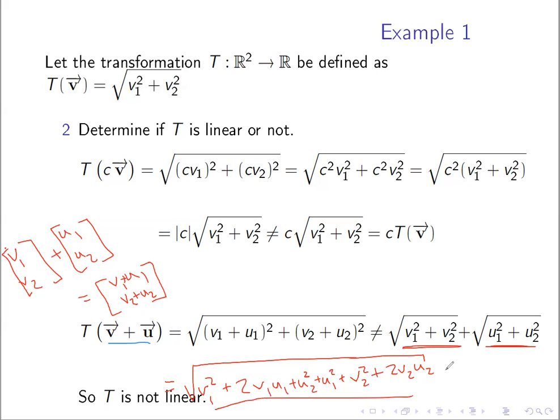This whole thing is not equal to that. First off, even if I didn't have these two cross terms which muck it up, you can't break up a square root by summations, hence it's not linear.